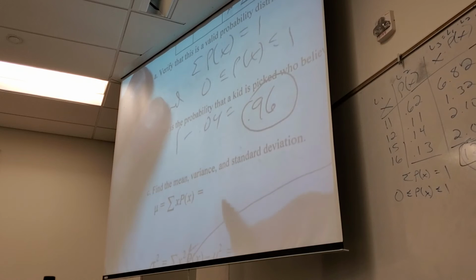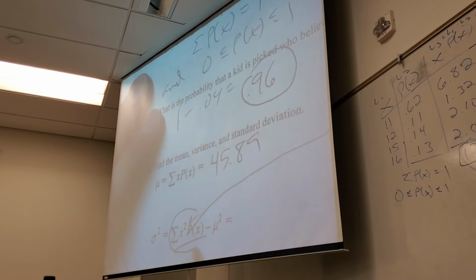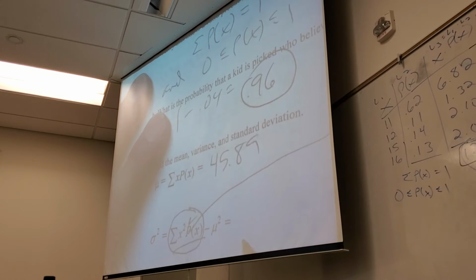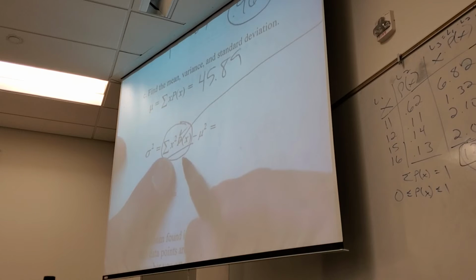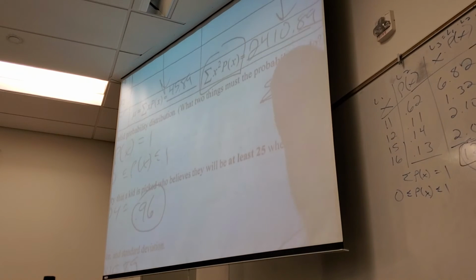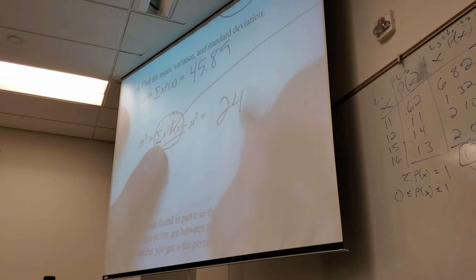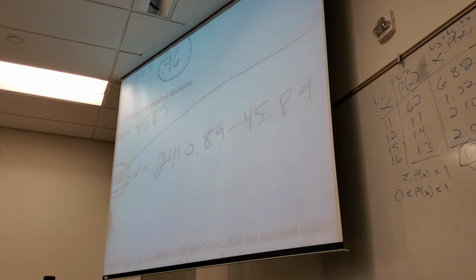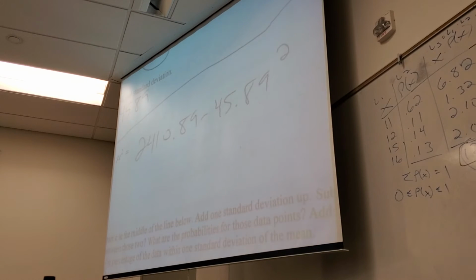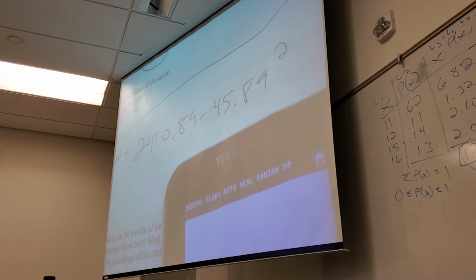So what's the mean? 45. And this one we identified as having a value of 2410.89, minus the mean squared. What do you get when you do that? 304.9979.